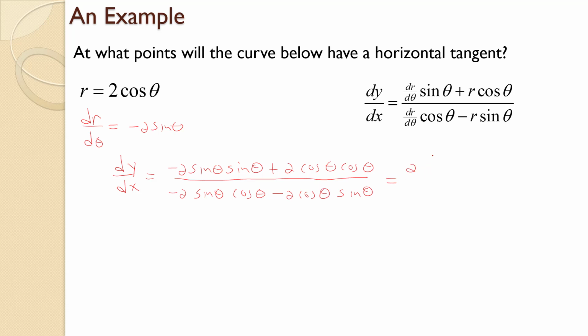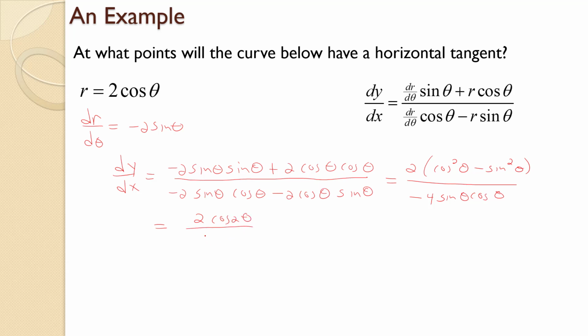Now you'll notice that this can be simplified. In the numerator, you get 2 times the cosine squared of theta minus the sine squared of theta, while in the denominator, if you just combine them, you would get -4 sine of theta cosine of theta. The numerator can be condensed into 2 times the cosine of 2 theta using the double angle formula.